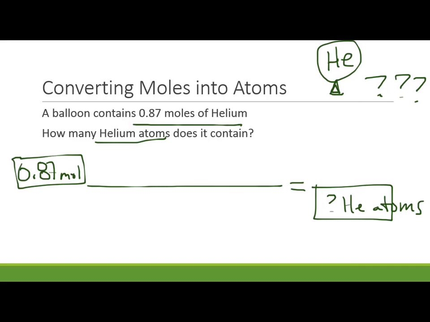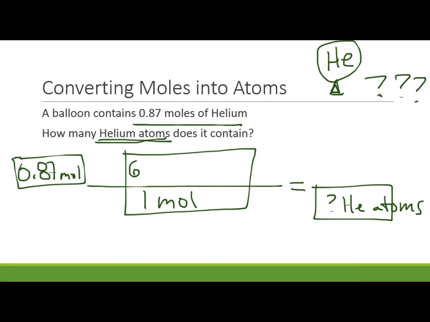Now, notice that again, we see the word atoms in this problem, which means that we're definitely going to need Avogadro's number. So, do I want my 1 mole on the top or the bottom? Well, this time I want it on the bottom so that it'll cancel. And then on the top it has to say 6.022 times 10 to the 23rd atoms, or in this case helium atoms to be precise.